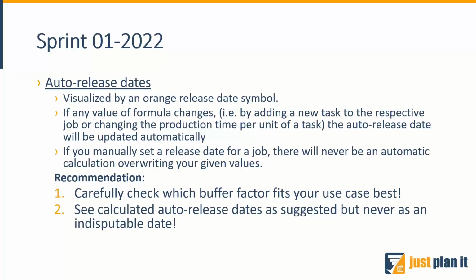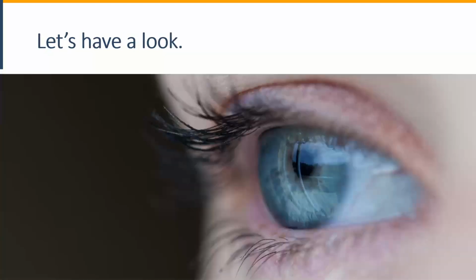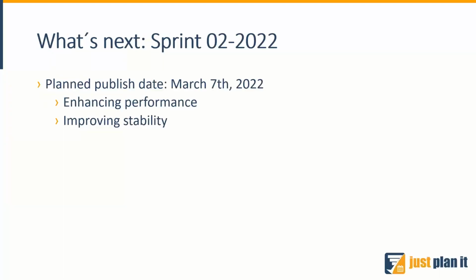Second, see that as a solid starting point in terms of actions to improve your WIP, but never take that for granted as indisputable dates. Okay, so that's all about the auto release dates.